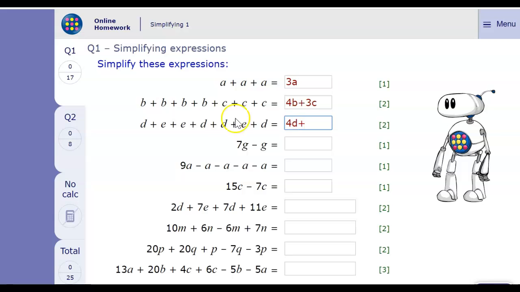And then we'll look at the E's, E plus E plus E. 3E. And do you think we can add those together? I heard 1 yes and 1 no there, and one of you is right. The answer is no, we can't. Okay, so we can't add D's and E's. We just have to leave them separately as 4D and 3E.